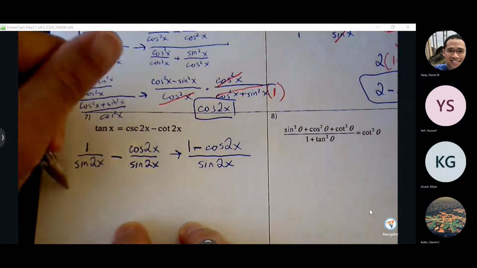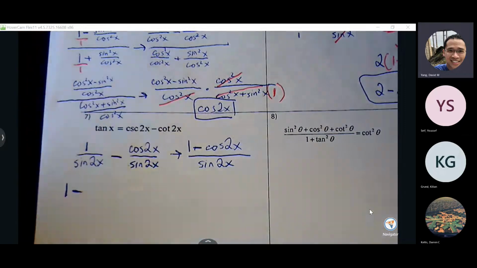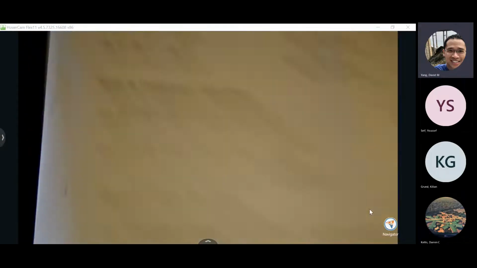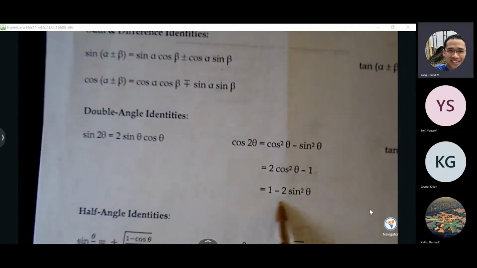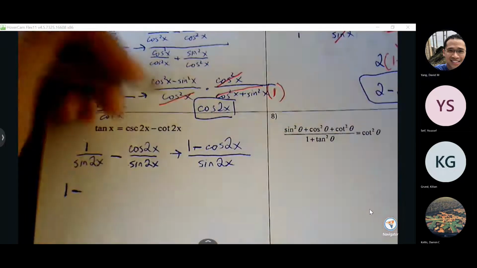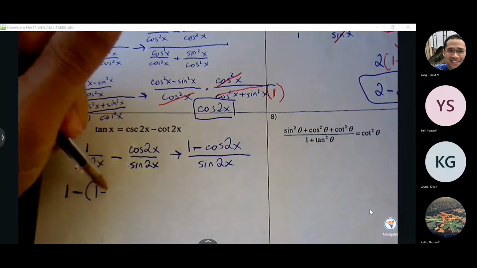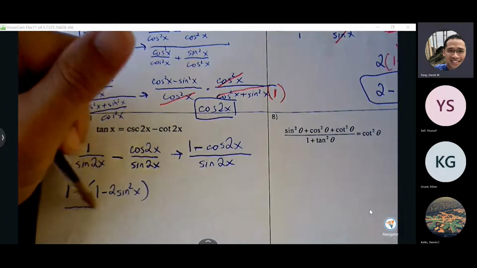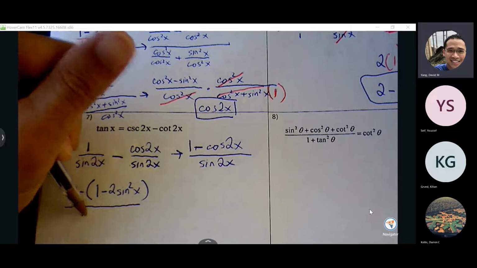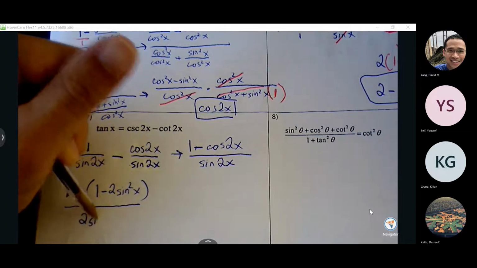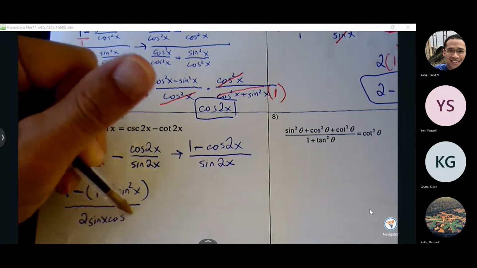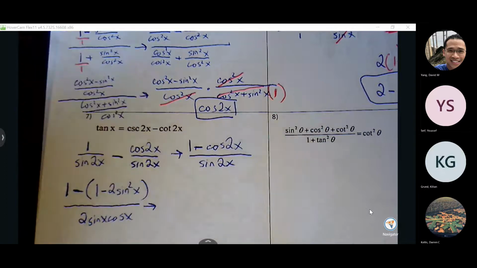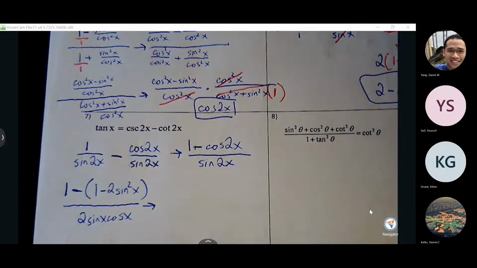So for cosine 2x, I'll choose the option with the sine in it. The 1 minus 2 sine squared x. And the sine of 2x, there's only one option. Okay, distribute the negative through.